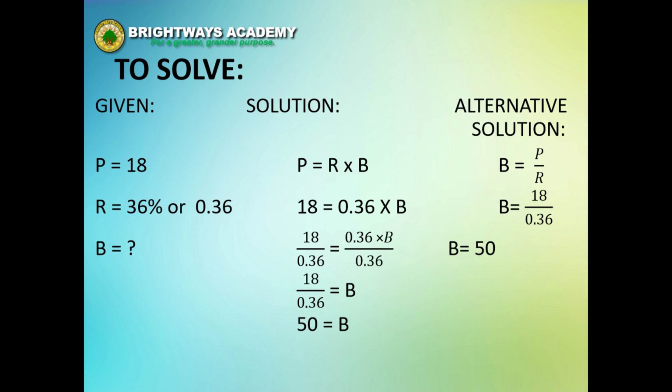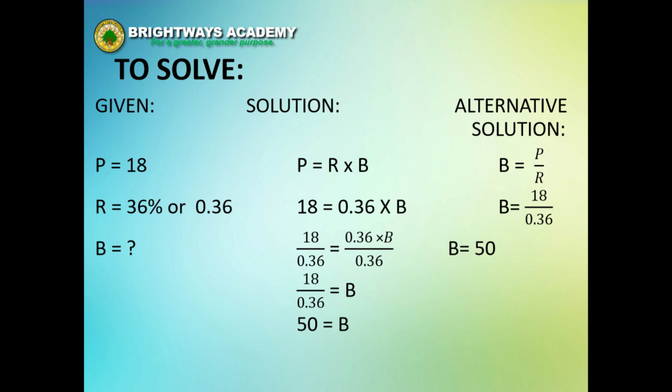We have 18, which is the percentage, is equal to 0.36, which is the rate, multiplied by B. We need to cancel out the rate to find the value of the base.